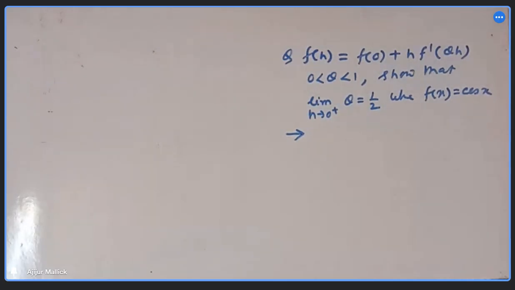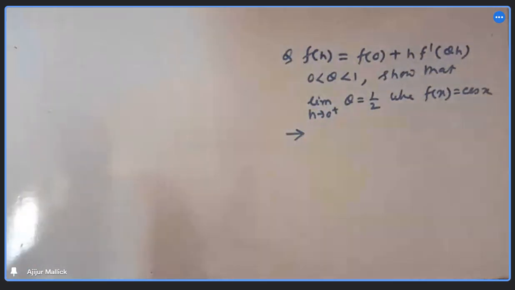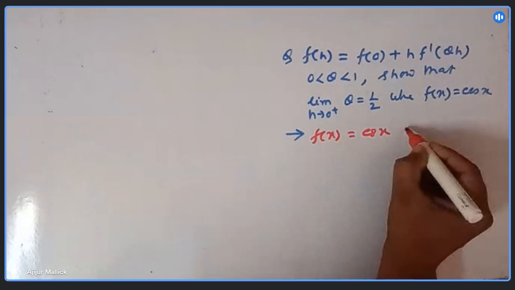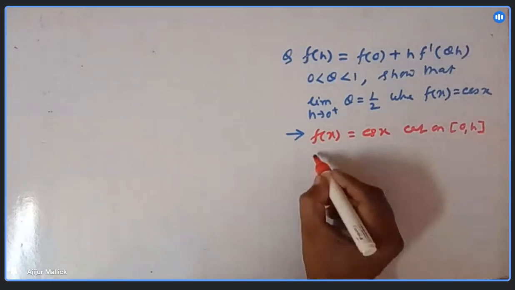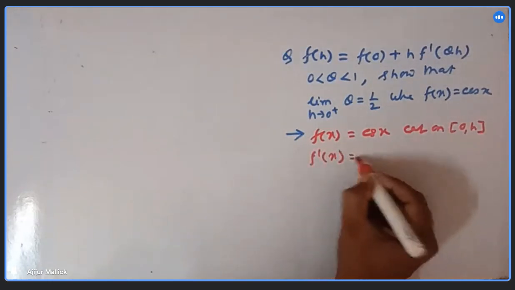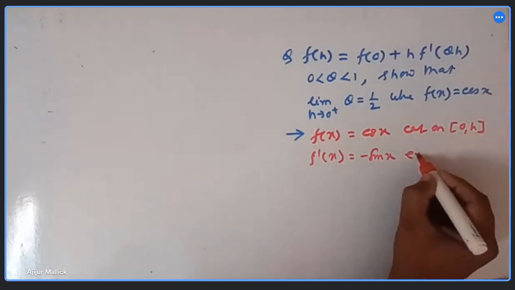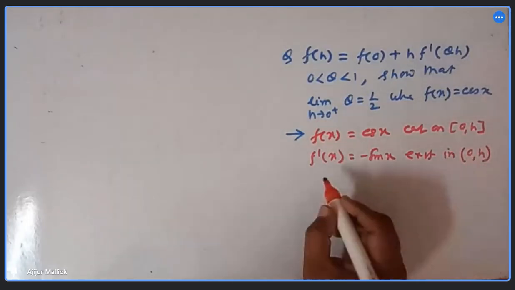Write: fx is equal to cos x is continuous on the closed interval [0, h], and f dash x is equal to minus sin x, which exists in the open interval (0, h).